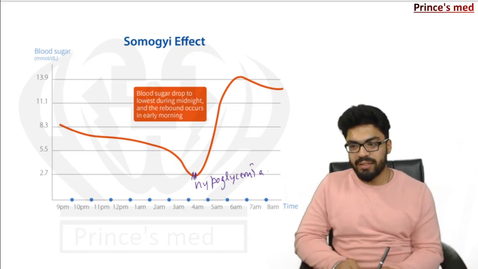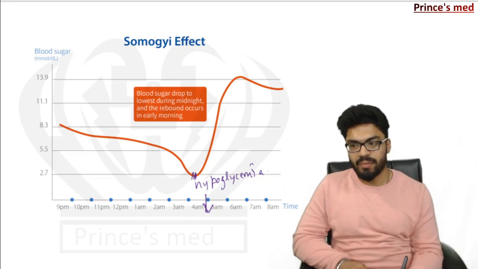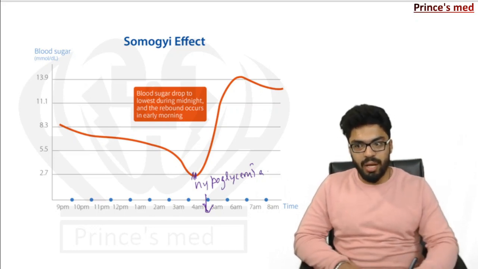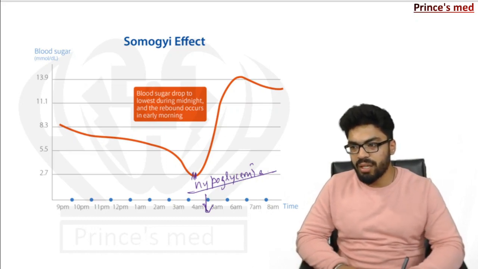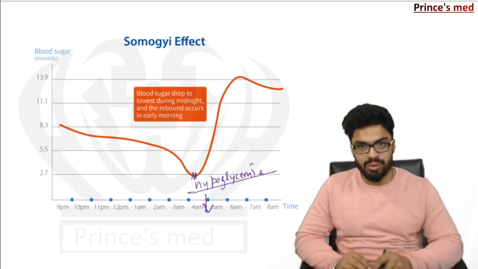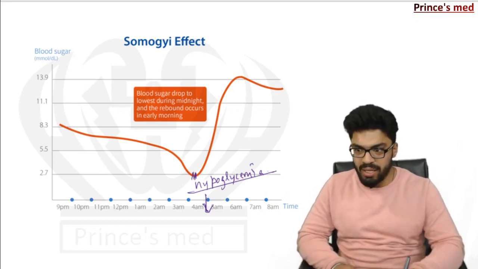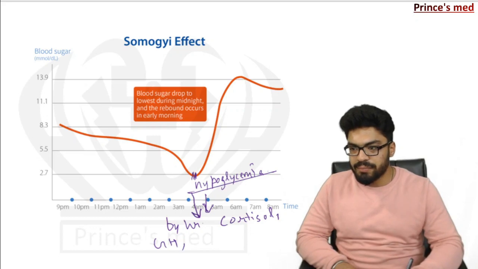If the person gets up at this time, then the person has tremors due to hypoglycemia, and due to hypoglycemia, rebound of glucose occurs in the morning by some hormones, which include cortisol, growth hormone, and glucagon.